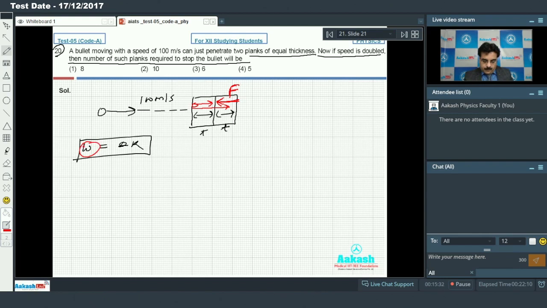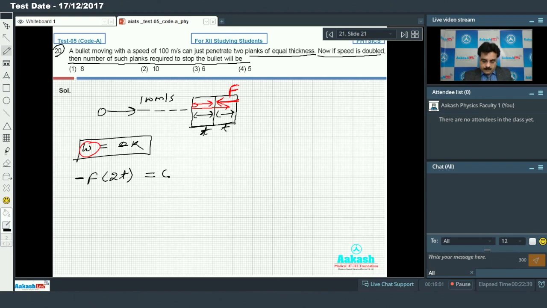So if I go for the work in this case, we'll write force into total displacement, that is 2t, because the thickness of each plank is t. So when it penetrates the 2 planks, the total displacement will be 2t, but the angle between the force and displacement is 180, so we'll use a negative sign here, and that is equal to the change in kinetic energy.